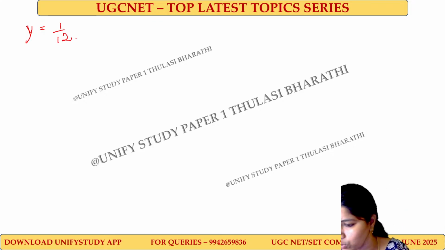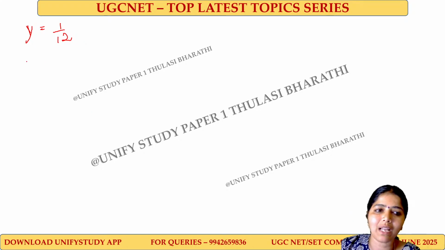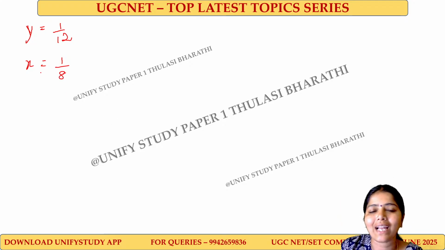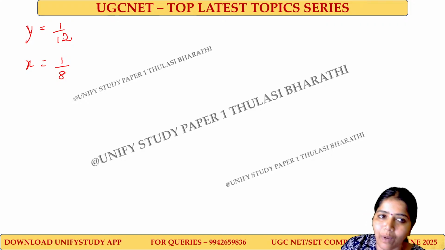Similarly, when I substitute 2 kilometers, I got here. Super, very good. So similarly, when I calculate the value of x, x is equal to 1 divided by 8. Substitute the value in any one of the equations. You will get x is equal to 1 by 8 and y is equal to 1 by 12.